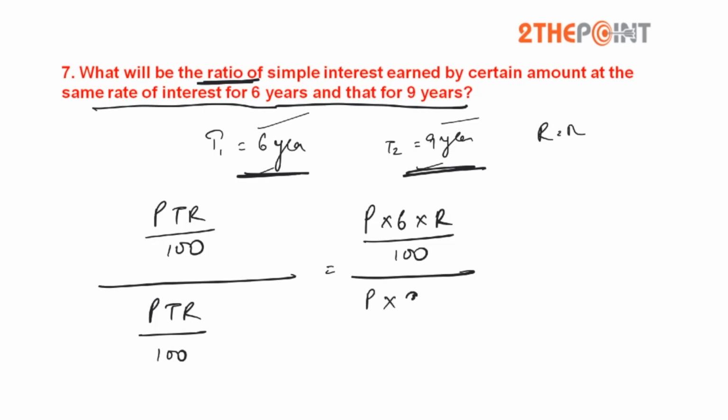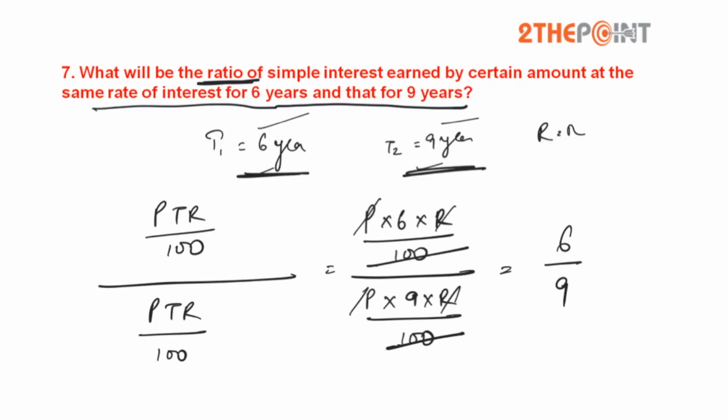Principal into 9 years into R by 100. Simplify this: 100s get cancelled, P and R get cancelled, and we are left with 6 by 9. Further simplifying, 3 twos are 6 and 3 threes are 9, which is in the form of 2:3. This is the ratio of the simple interest earned by a certain amount.